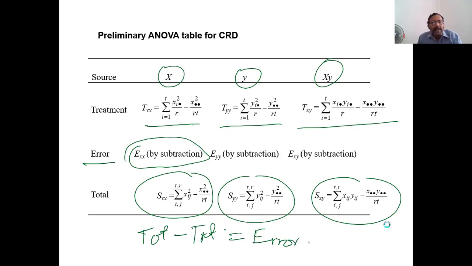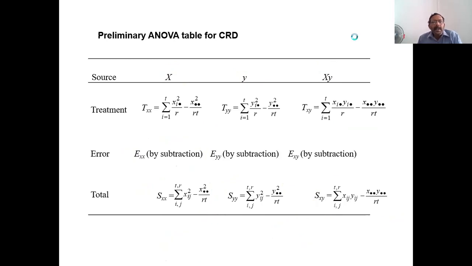So that is why I am giving as subtraction. For example, EXX is equal to SXX minus TXX, as an example. Anybody have any questions on these notations? Anush Kumar, any questions on notations? No, sir. Okay, then these are notations.